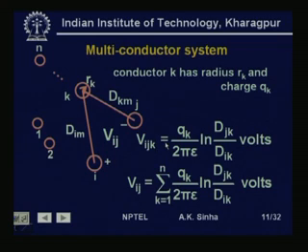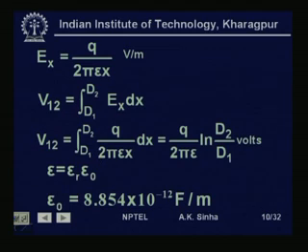This will be equal to q k by twice pi epsilon ln the distance d of k to j divided by distance of k to i, as we can see using the old relationship that we have found here, q by twice pi epsilon ln d2 by d1.